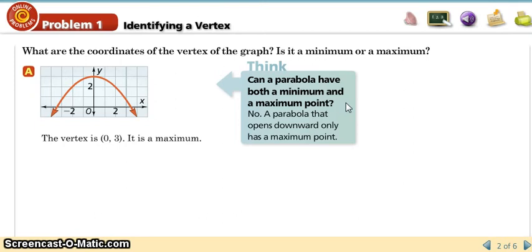And the answer is no. If the parabola opens downward, like this one, it has a maximum point, and in this case, it is 0, 3. That's your vertex. Think of this in terms of throwing a ball. If you're standing here and you throw a ball in the air, it's going to reach a maximum height, and then it's going to come back down. Okay, so a parabola that opens downward has a maximum point.